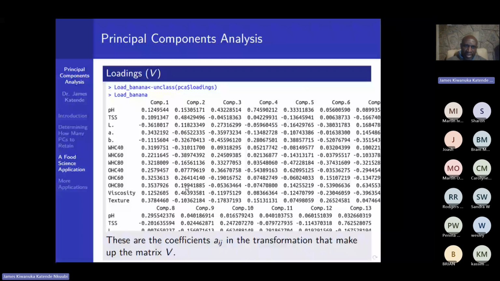So maybe this one separates these two aspects, the water holding capacity and the oil holding capacity. So you may assume that this component differentiates between these two, water holding capacity and oil holding capacity.